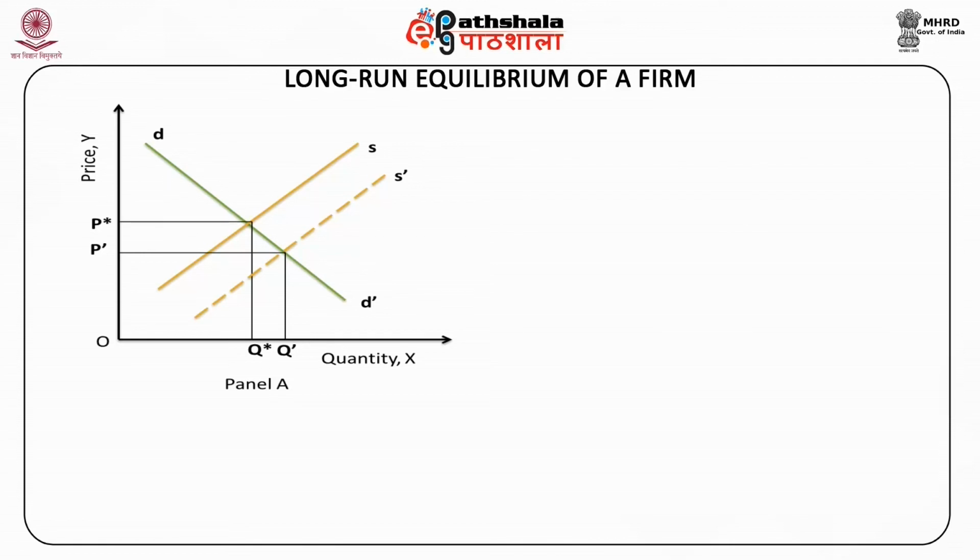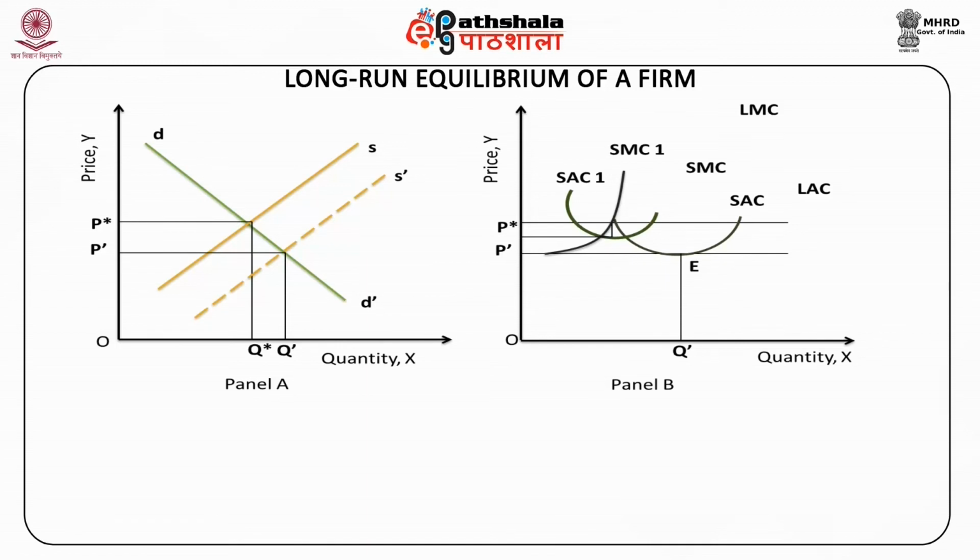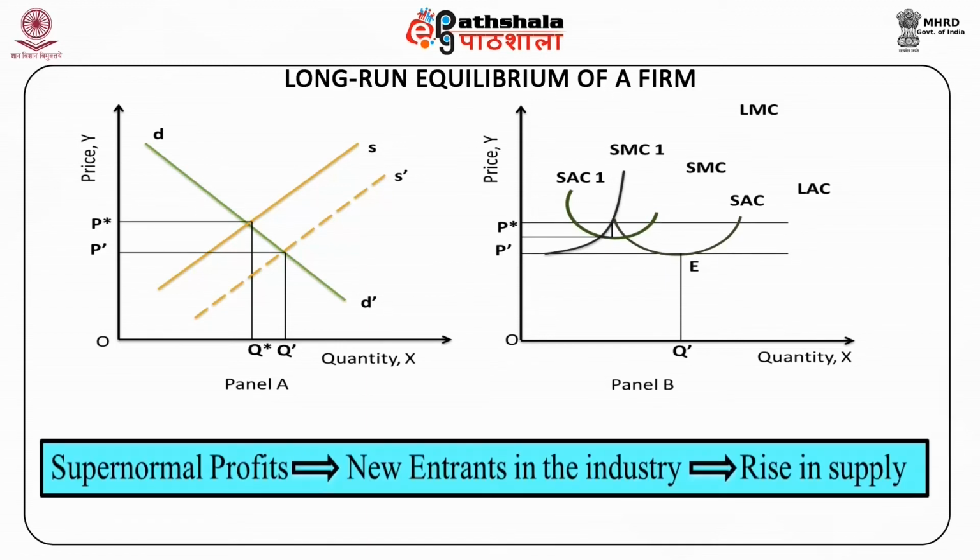First, let us start with the long run equilibrium for firms. In a competitive market, in the long run, all the firms produce at the lowest point on their long run average cost curve and get normal profit, as shown by the point E in panel B. The firm is making supernormal profits at price P star, working with the plant whose average cost is SAC1.